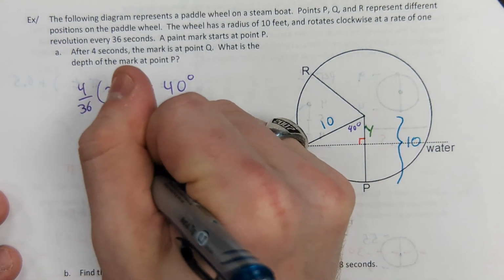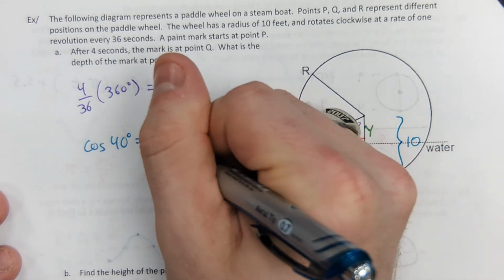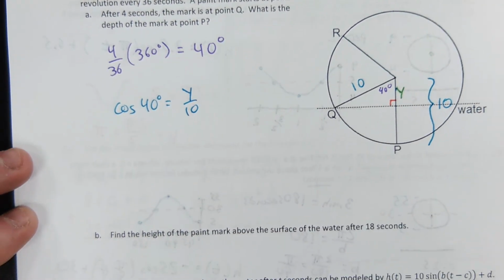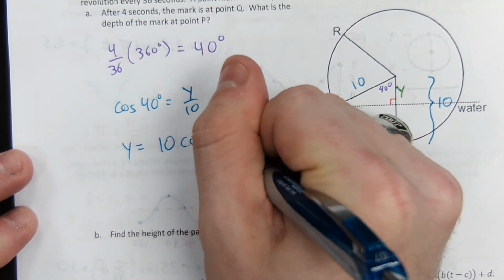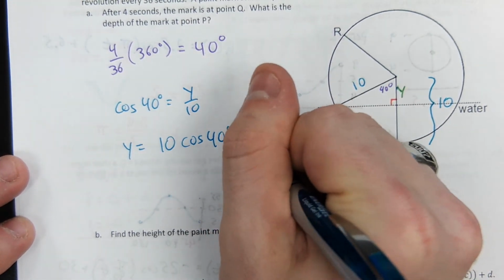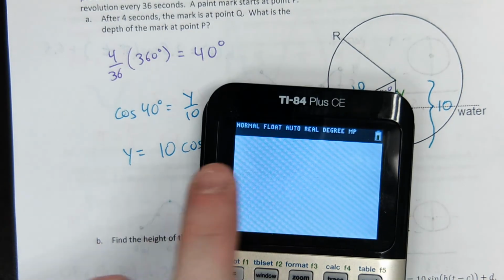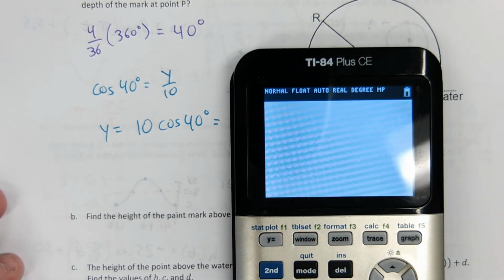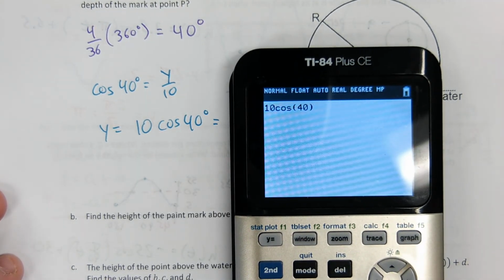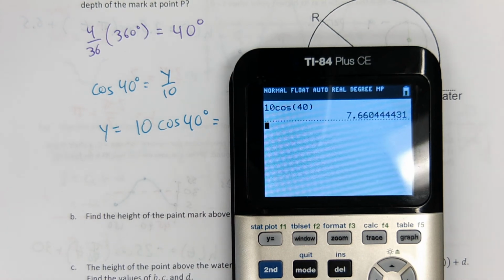Cosine of 40 degrees equals y over 10. Our y value then is 10 times the cosine of 40 degrees. We want to make sure that our calculator is in degree mode. Mine is. So 10 cosine 40 degrees is 7.66 to 3 sig figs.